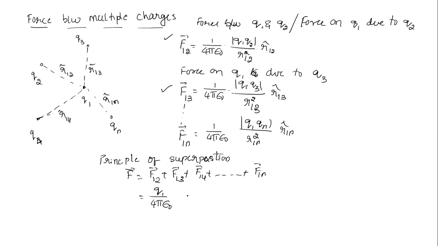It will be Q2 divided by R12 square into R12 cap plus Q3 divided by R13 square into R13 cap plus so on plus Qn divided by R1n square into R1n cap.